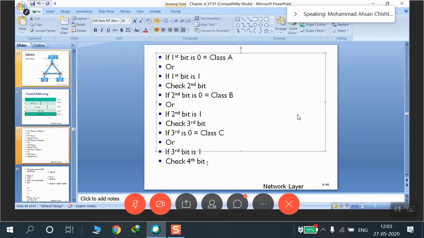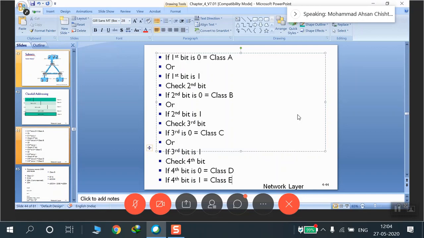So from here we can see the last part: if the fourth bit is 0, it means it's class D. If the fourth bit is 1, it is class E. I hope you understand this part.